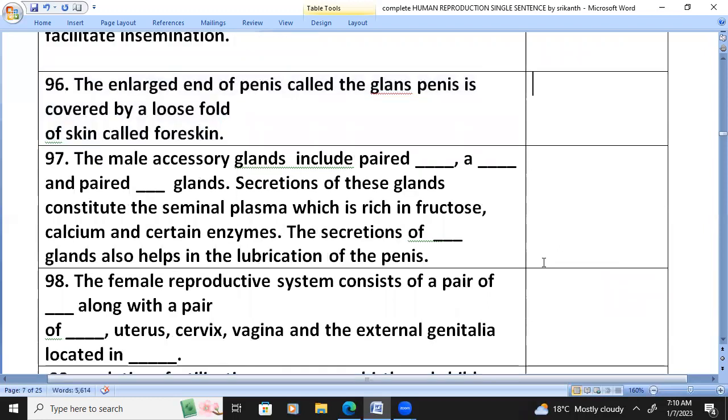The enlarged end of the penis is called glans penis and is covered by loose fold of skin called foreskin, which is called prepuce.